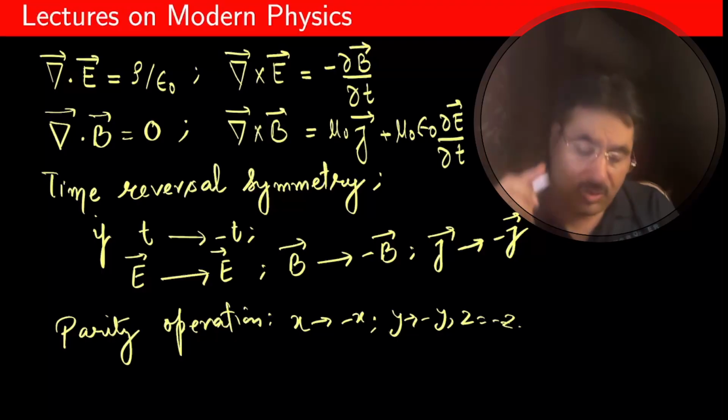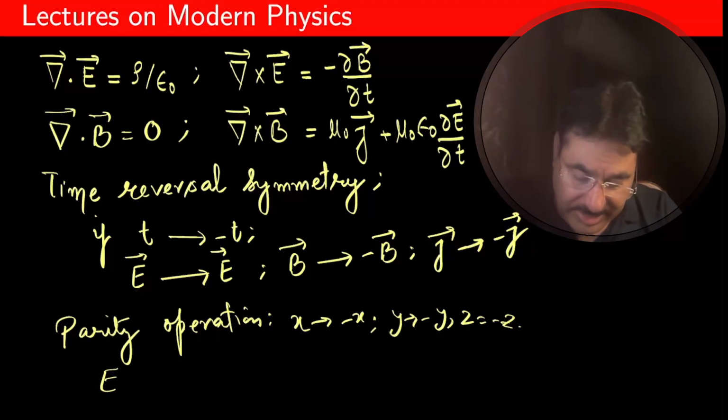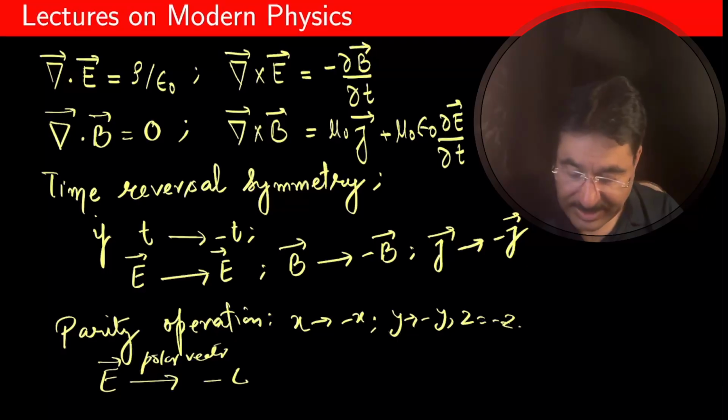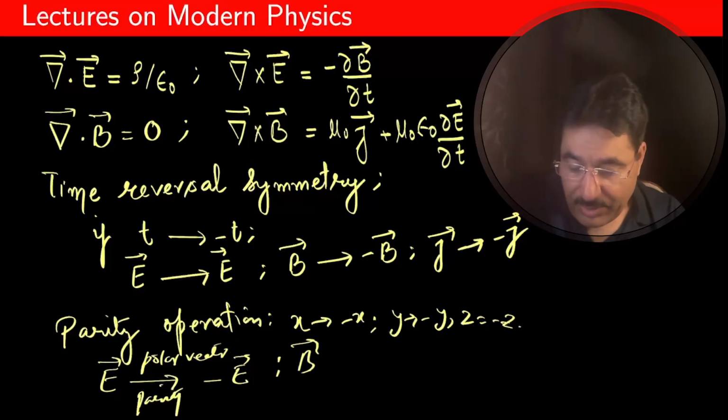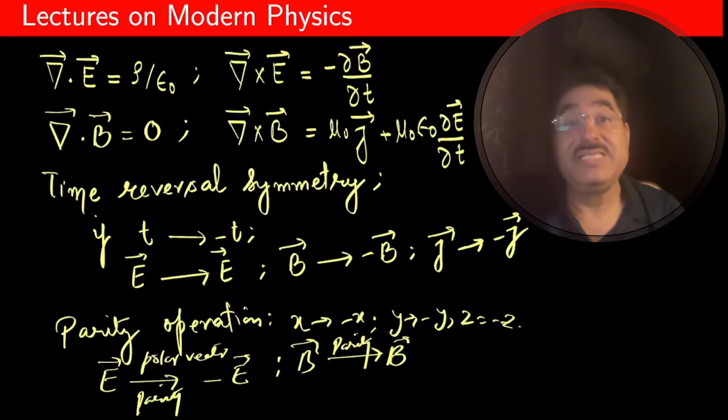So when you perform this operation, remember, E is a polar vector. It's a true vector kind of thing. It will flip in sign under parity. And B will not flip its sign. B will remain the same under parity, because B is an axial vector.